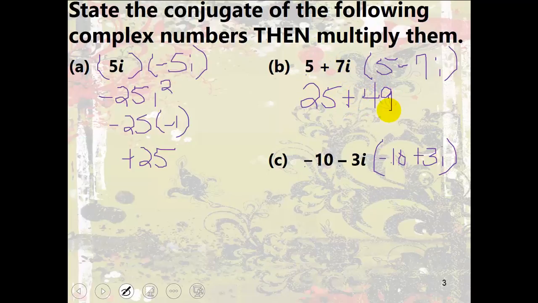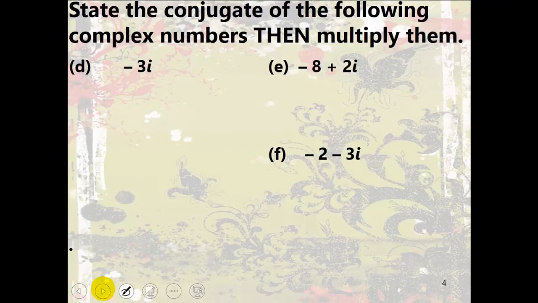This only works when you have complex conjugates, and that is 74. See how you always get a real number? Negative 10 times negative 10 is 100, and then 3 times 3 is 9, so it's always plus that, so I get 109. Okay?